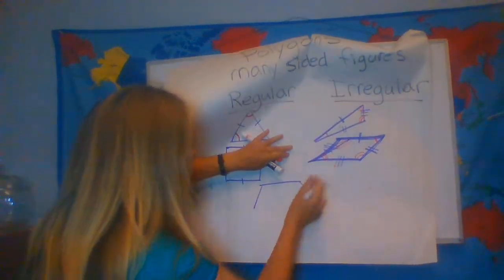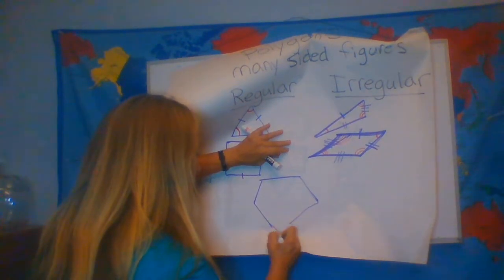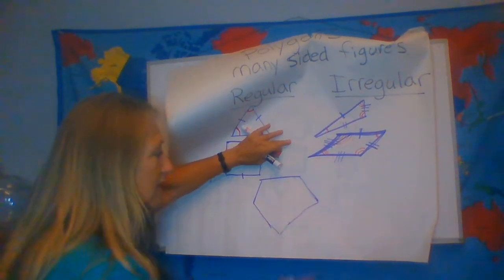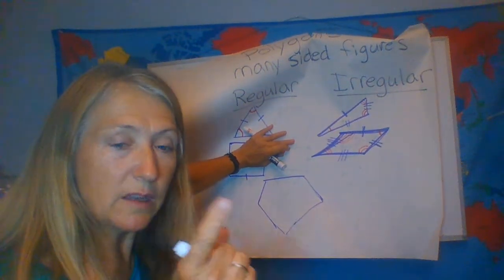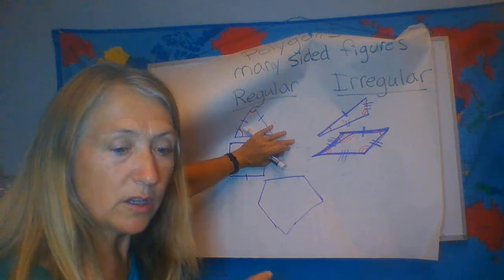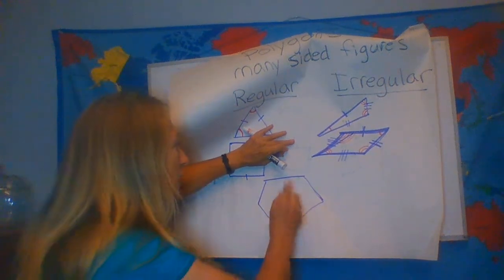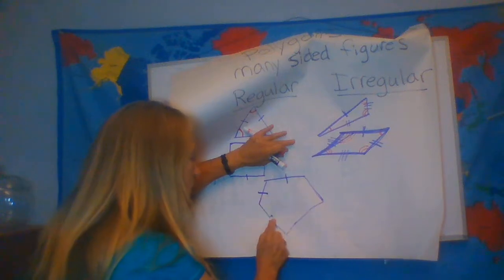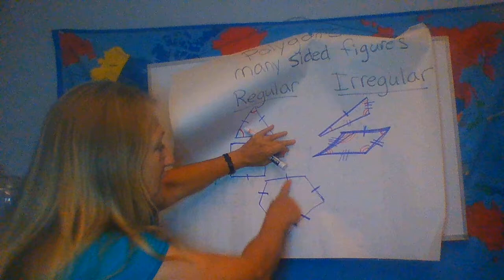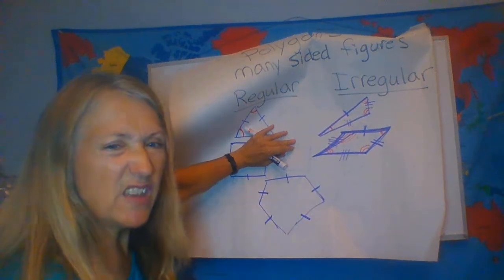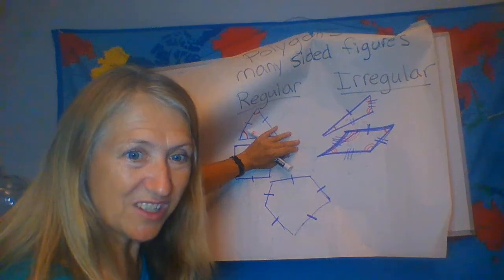Let's see, here we go. 4, I'm going to have to just fake it here. 5, and we're going to say they are the same, even though they don't look the same. But if I mark it that it is the same, regardless of what it looks, then we say, all right, it's the same. She didn't draw it very well. But this equals that, which equals that, which equals that, which equals that. So if I say this is 3 inches, they're all 3 inches. Even if I drew it a little sloppy, we know they're all supposed to be 3 inches.